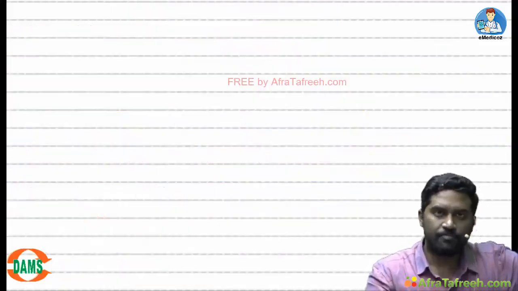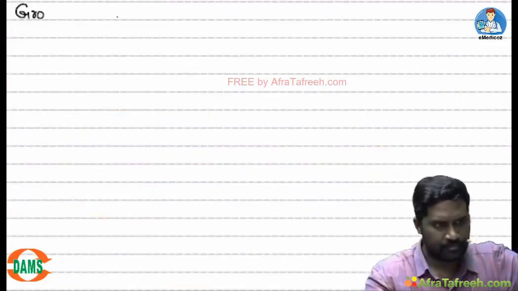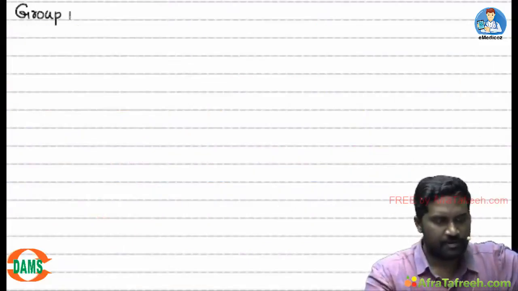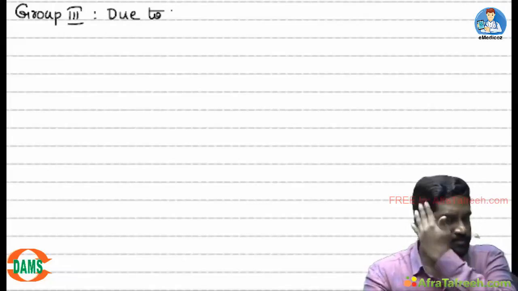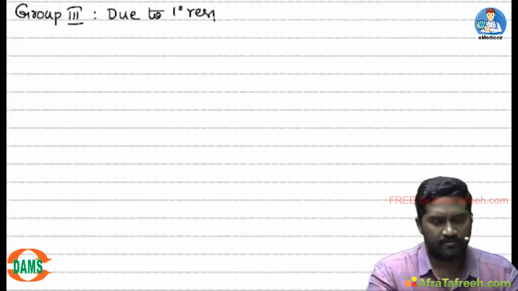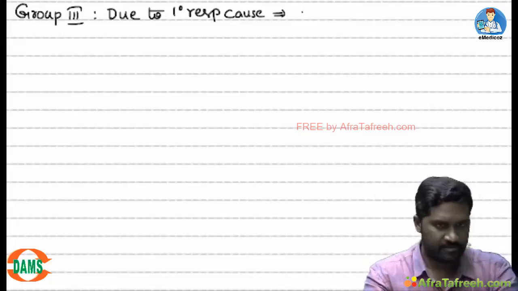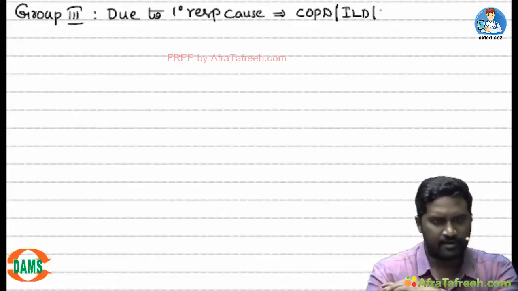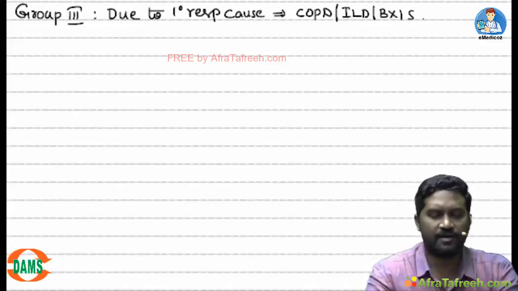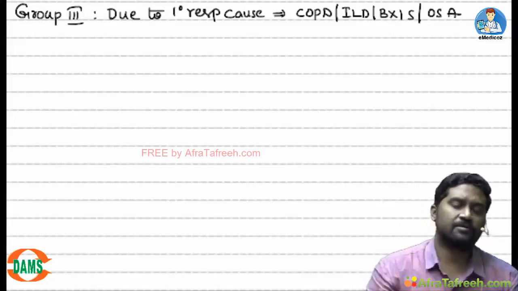Coming to group 3 pulmonary hypertension. This is due to a primary respiratory cause such as COPD, ILD, bronchiectasis, obstructive sleep apnea.